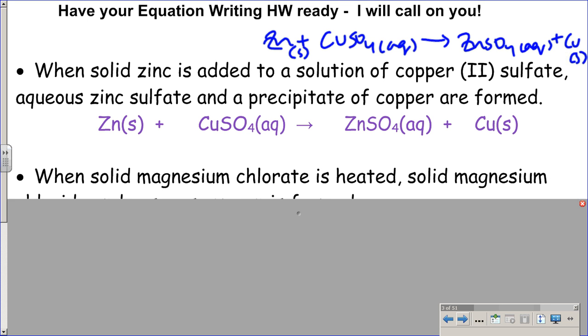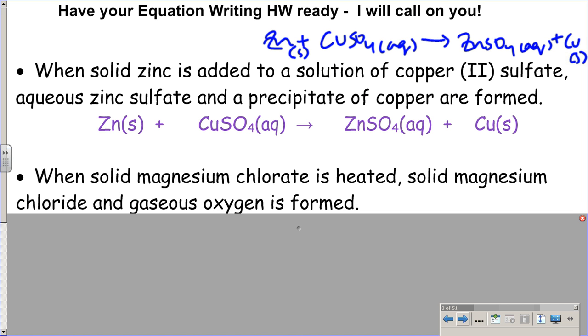Next one. When solid magnesium chlorate is heated, solid magnesium chloride and gaseous oxygen is formed. Morgan, give me reactants. Parentheses 2, okay. Solid. Okay, oh, solid, thank you. Tyler, finish it up.